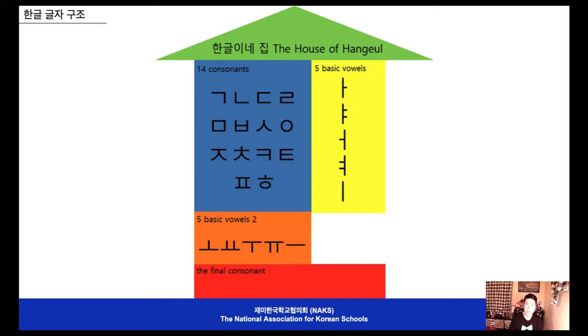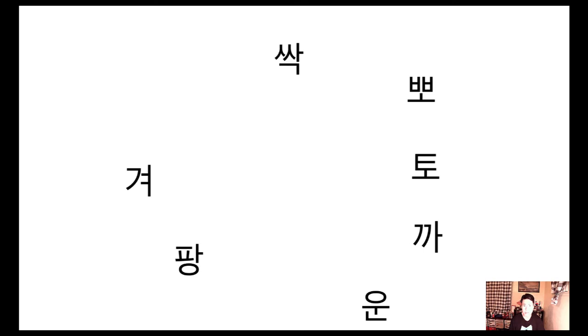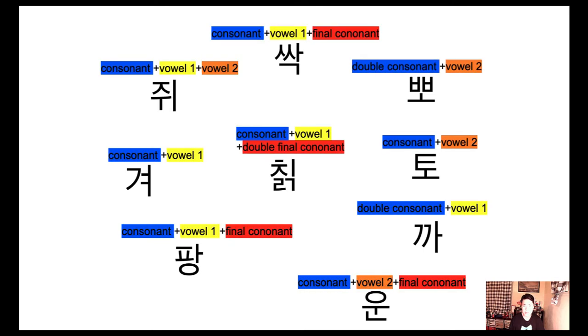It explains where you put the consonant, where you put the basic vowel, or you have a basic vowel go under it, and then the final consonant. Yeah, when you look at this rule, it may sound overwhelming, right? Okay, so these are some of the types of the Korean characters.